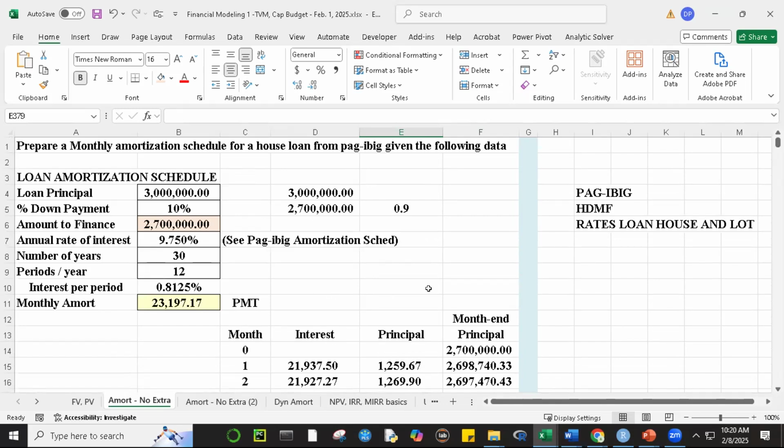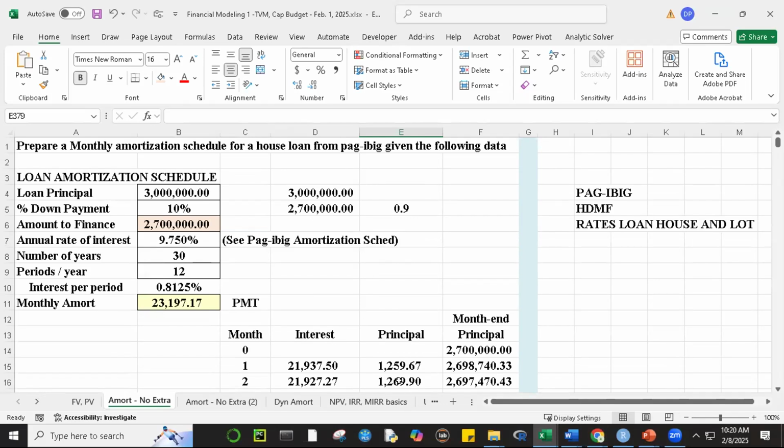Let's say if you have extra cash, then you decided to pay, let's say 50,000. But when you do that, you go to the main office of HDMF and tell them that you're going to pay this, but the extra payment should be a reduction in the principal.